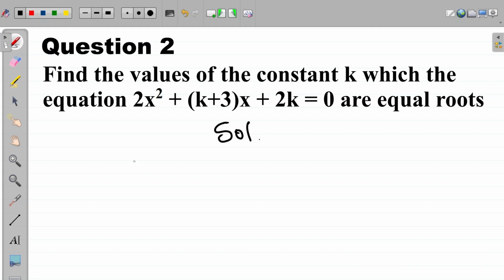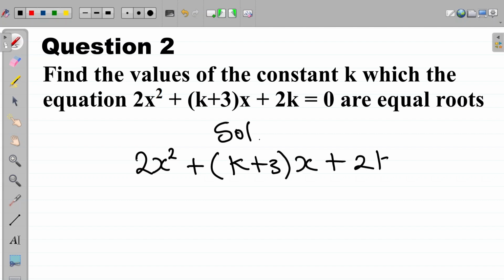So, the equation given to us is 2s squared plus, open the bracket, k plus 3, close the bracket, multiplied by x, plus 2k equal to 0.